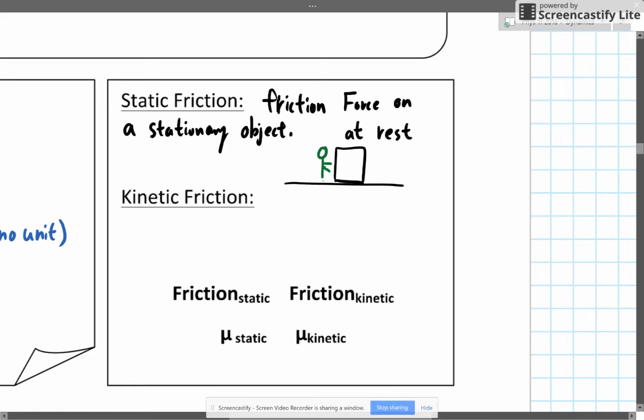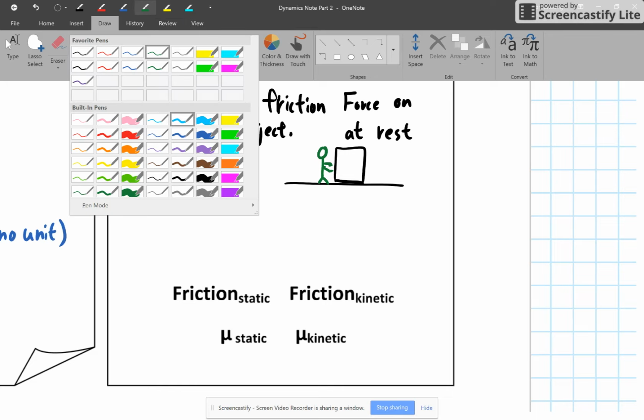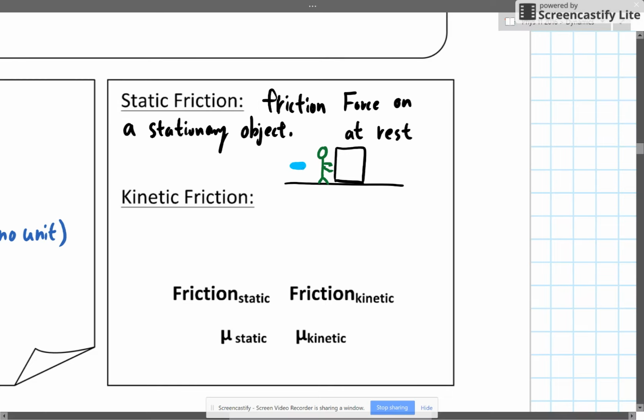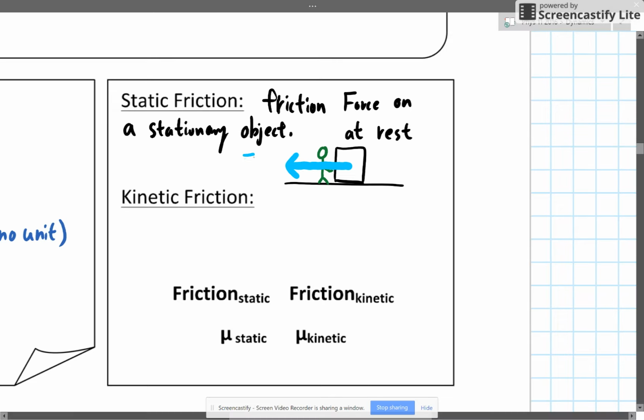So here's you trying to push the box to the right hand side. Now, in order to actually be successful in pushing that box to the right hand side, you need to overcome friction. Well, what kind of friction? You need to overcome something called static friction. Okay, so friction, and let me put the subscript s on it, so static friction.